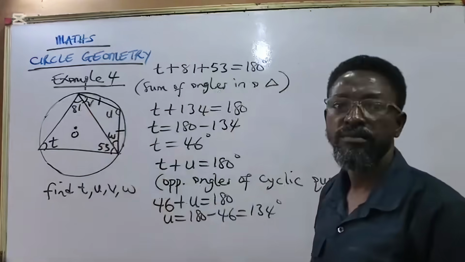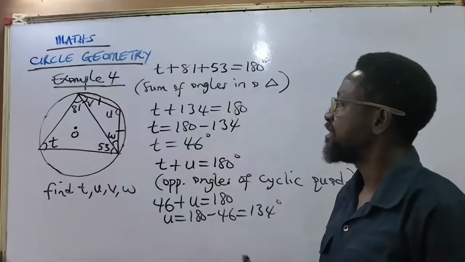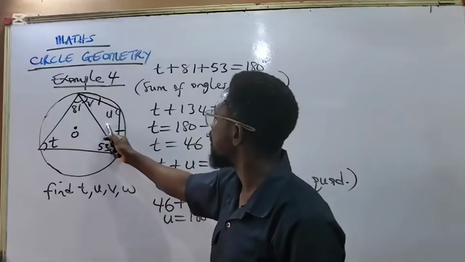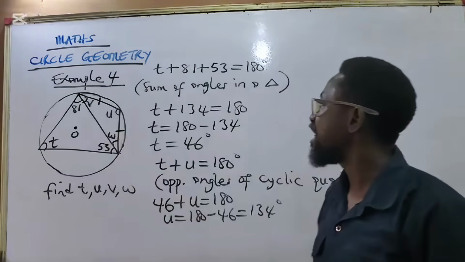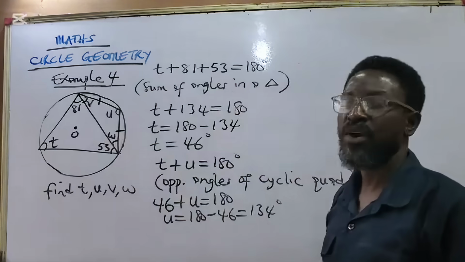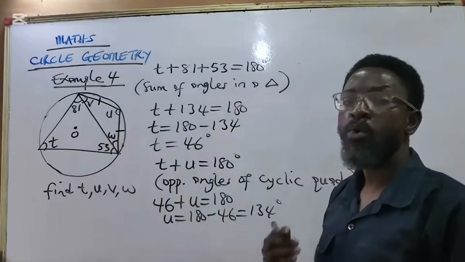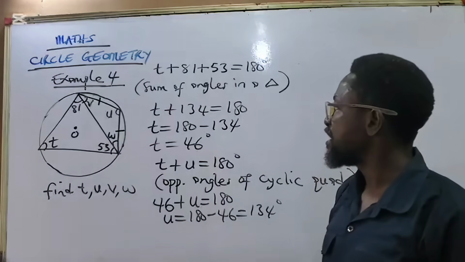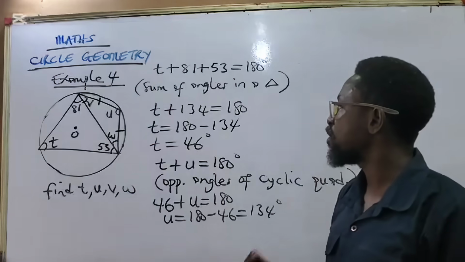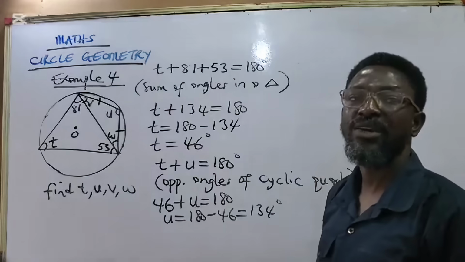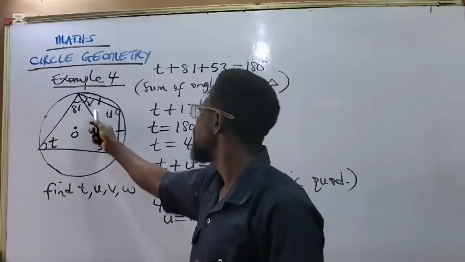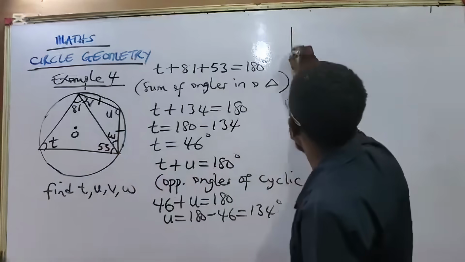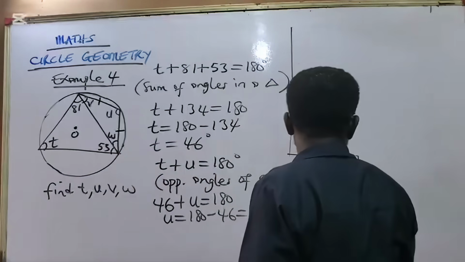Equal. And since they are equal, it means that this particular triangle here is an isosceles triangle. And from what we did in example 3, the base angles of an isosceles triangle are what? Equal. That means V is equal to W.